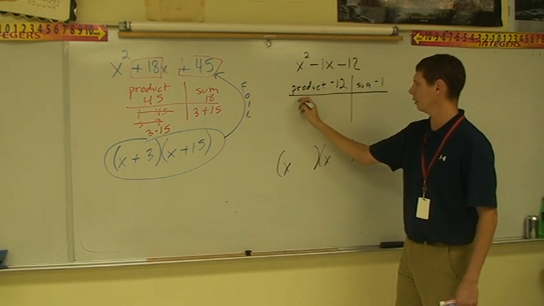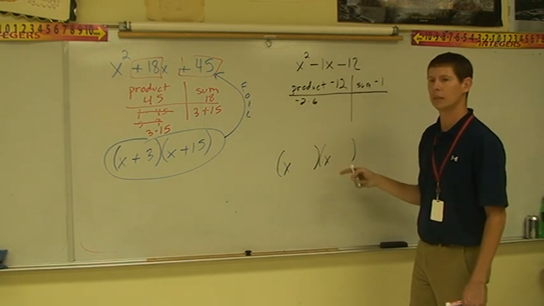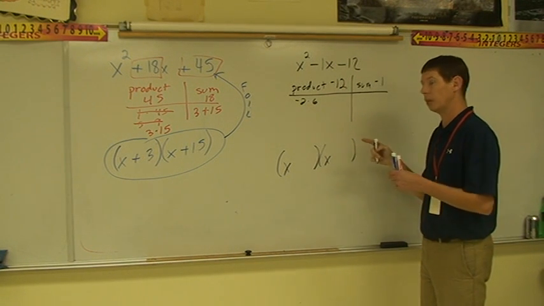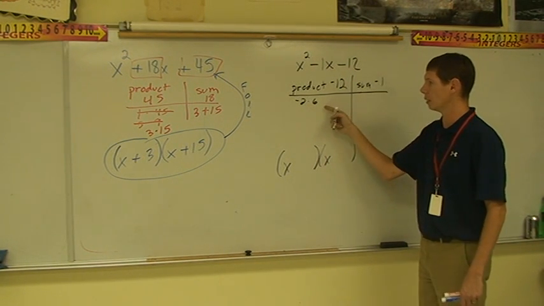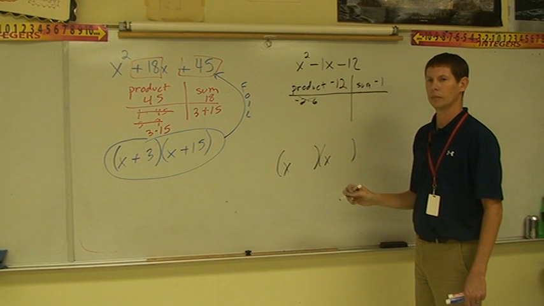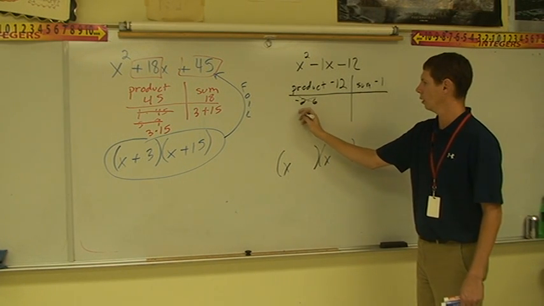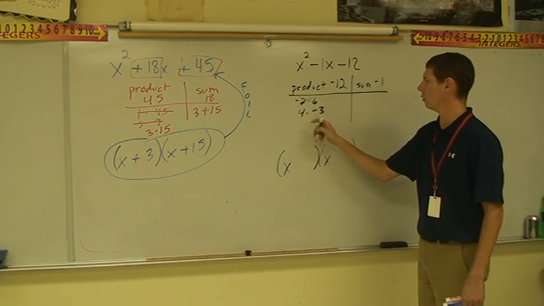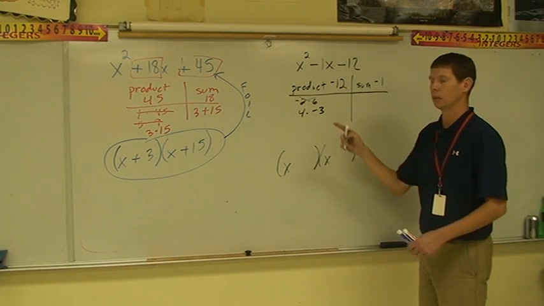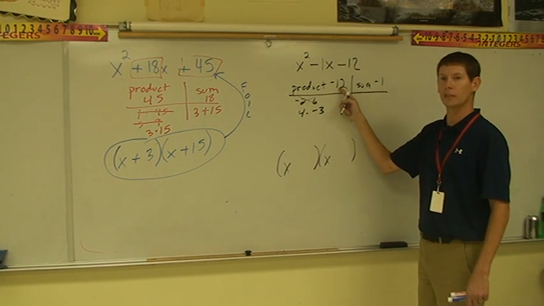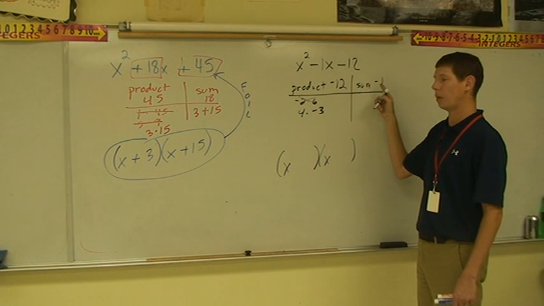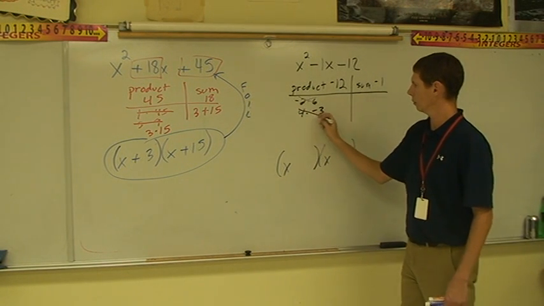So again, you can go through your list. Well, negative 2 times 6. Well, negative 2 plus 6 doesn't add up to negative 1, so that doesn't work. What about 4 times negative 3? Getting closer. 4 times negative 3 does give you a negative 12, but when we add them together, it gives you a positive 1.